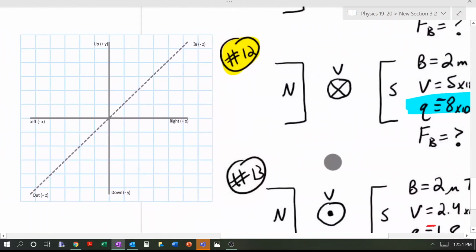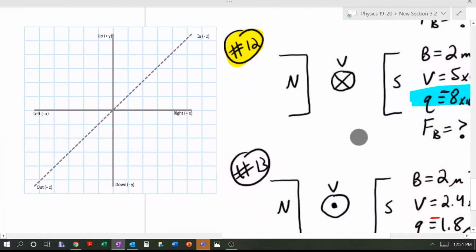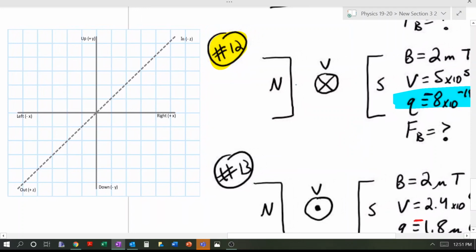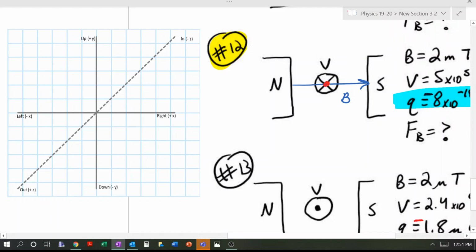And what is this showing us? Well, let's look at the magnetic field first. The magnetic field is going from north to south. It will always go north to south outside of a magnet. And the charge is right here. That's where the charge is, where that red dot is. And I'm showing the velocity of that charge is into the page. The circle with the X through it means that there's an arrow into the page.